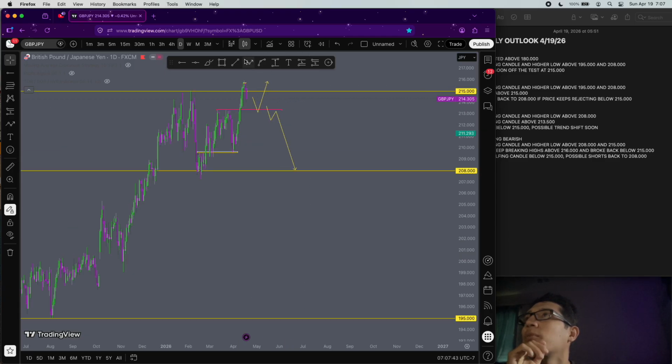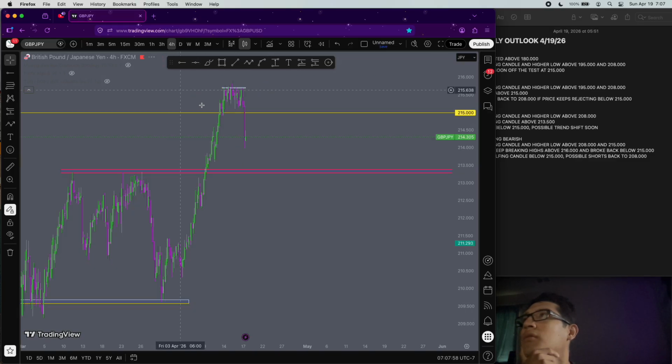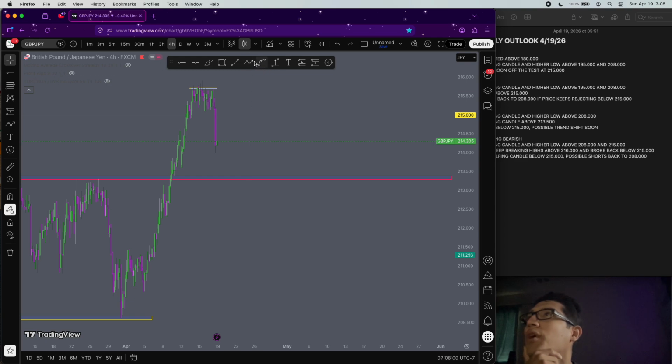Once price reaches this zone right here, about 213,200 to 213,300, we have to watch out for either the buys above or the sells below. Then on the 4-hour, we already have an H4 bearish engulfing candle.